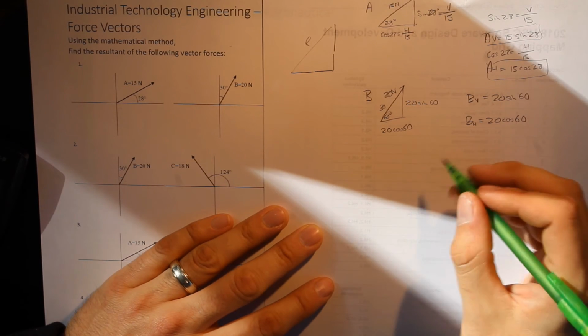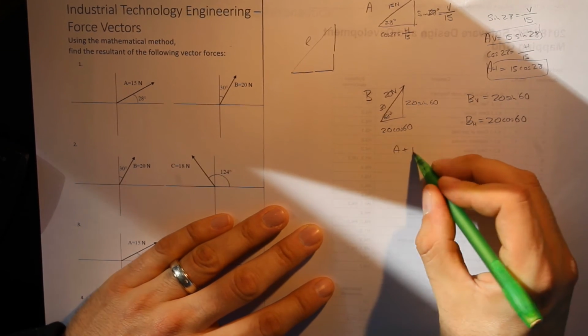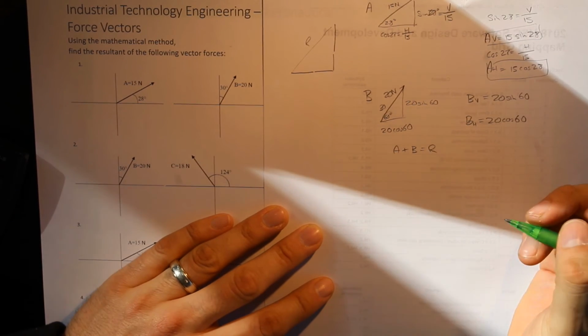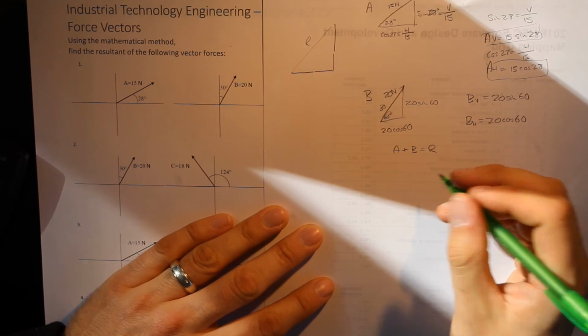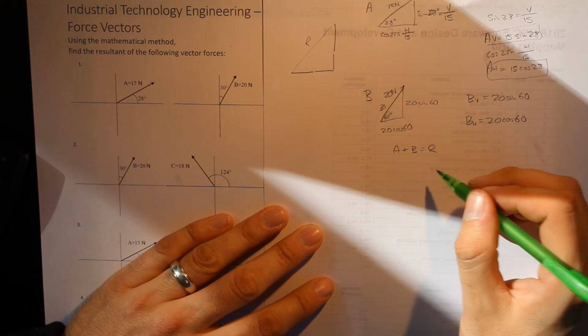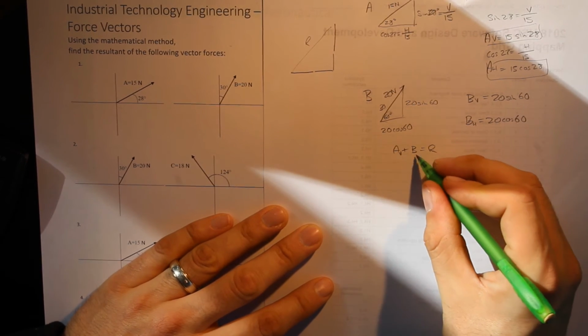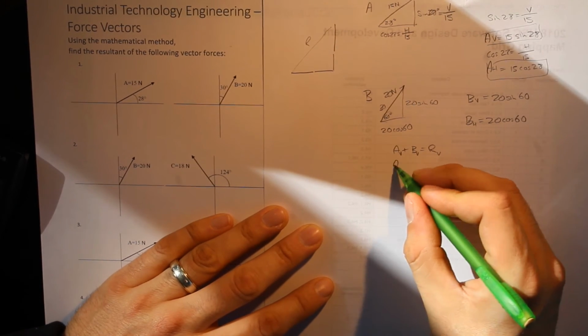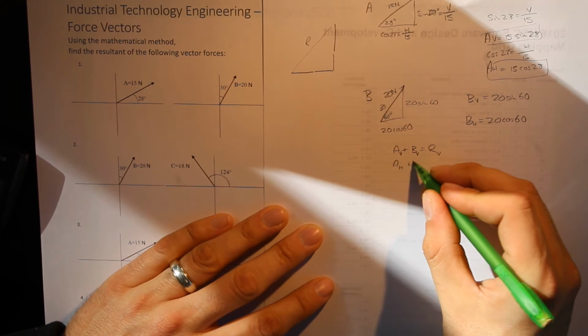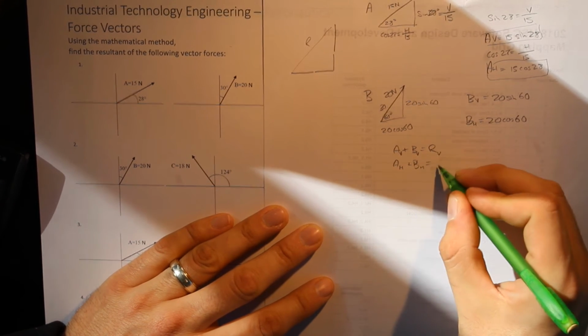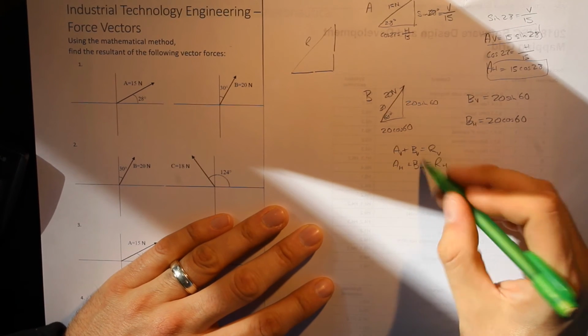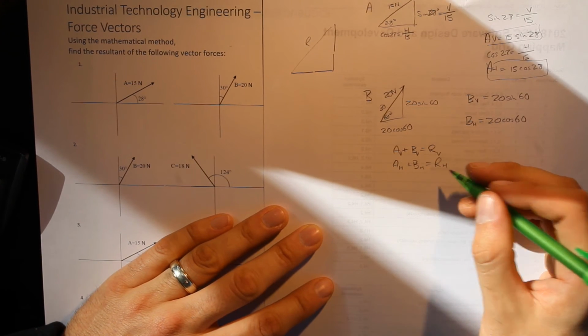What I need to do in order to go A plus B equals my resultant is take each of the components and add them together. So I want the vertical components and I want the horizontal components to get the components of my resultant, and then we'll go from there.